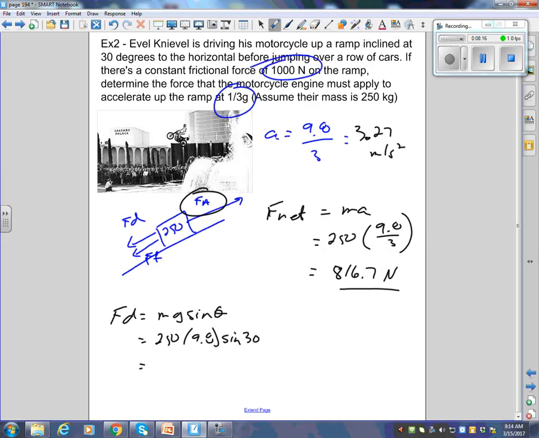I get 1225. Now, from a directional standpoint, that's down the plane, so what should I assign that sign? I should make it negative, right? Because it's down.